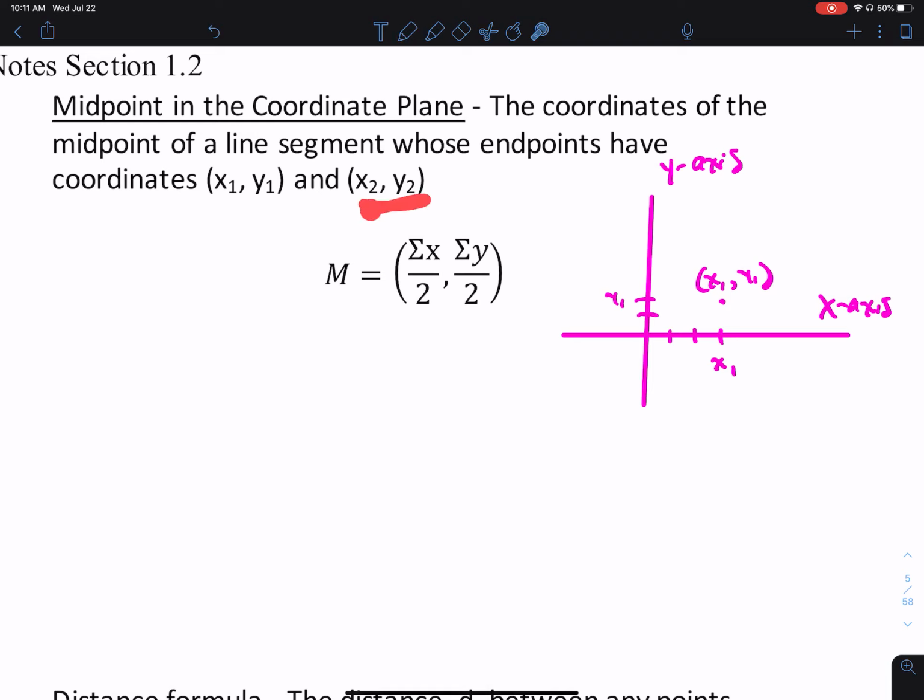The second one, our second ordered pair, we go to the right so many units, who knows how many. We go up so many units. It's x sub 2, y sub 2. Sub means subscript, below, like a submarine's below.